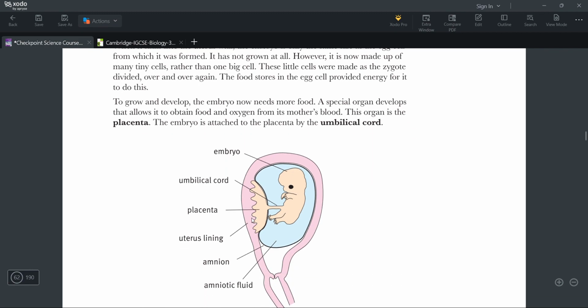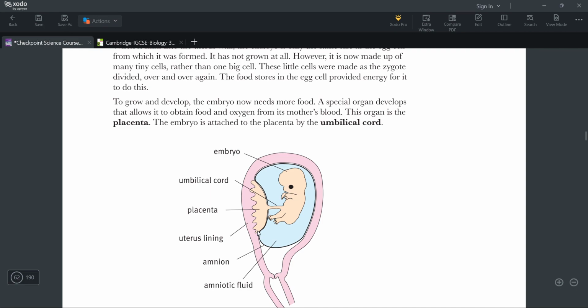The placenta is like, dare I say it, a USB port that allows for the transfer of nutrients and oxygen across this blood barrier over here. But it's not like your food is going directly into the baby.